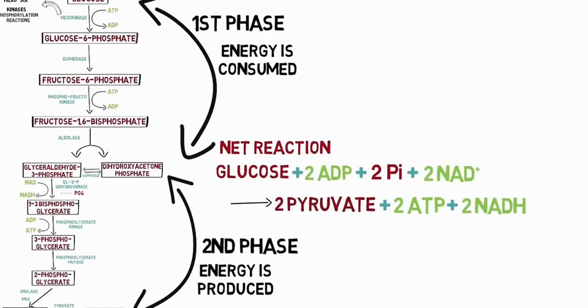The net utilization is 2 ATP, since 4 ATP are produced in the second phase and 2 are used in the first phase. So there is a net gain of only 2 ATPs. 2 NADH are produced in this step, and 2 nicotinamide adenine dinucleotide are also used.